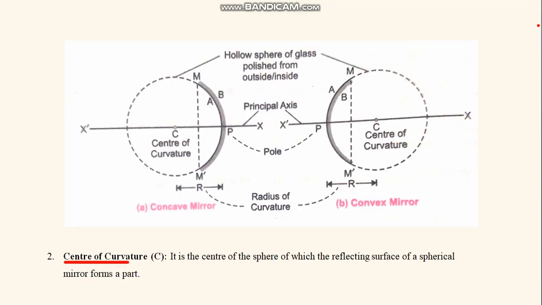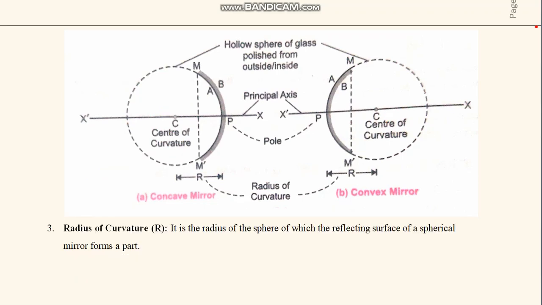Next is the center of curvature. The spherical mirror forms a part of the sphere, and this sphere has a center. This center is called the center of curvature of the spherical mirror. Here, see, this is the center of curvature of the concave mirror, and this is the center of curvature of the convex mirror. It is represented by capital C. Next is radius of curvature.